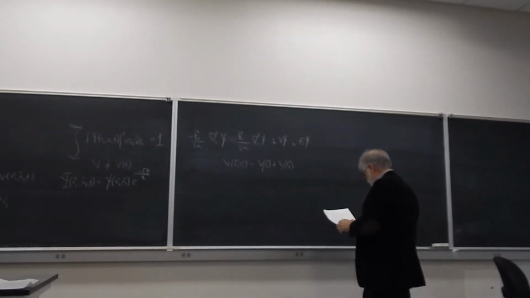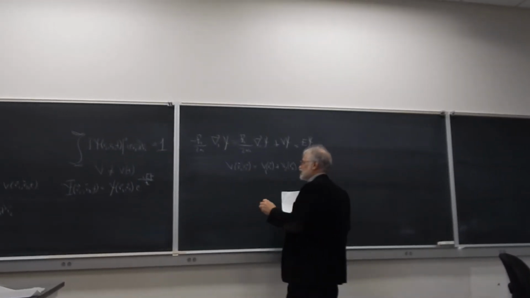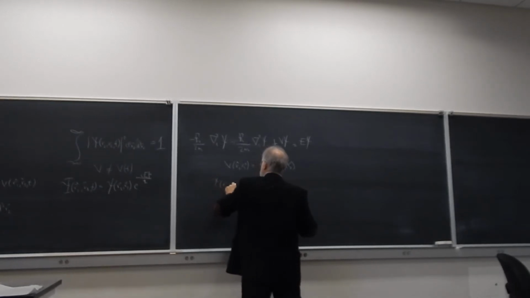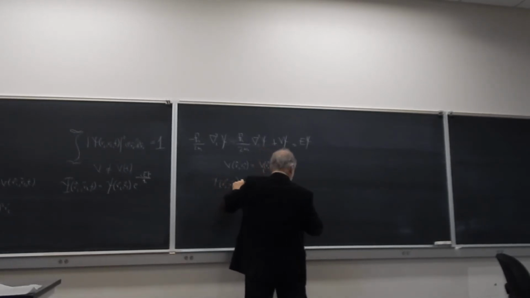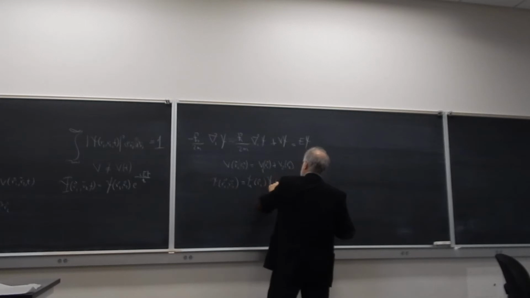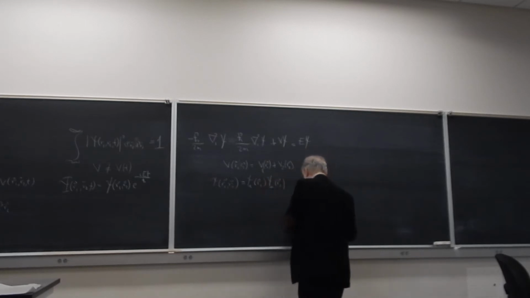And I can solve by separation of variables, where I assume a solution psi of r1, r2 that's a product. We'll call it psi sub A of r1 and psi sub B of r2.